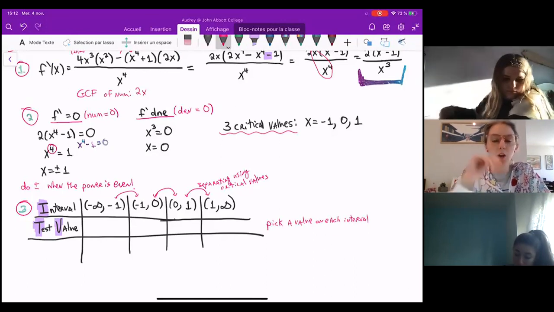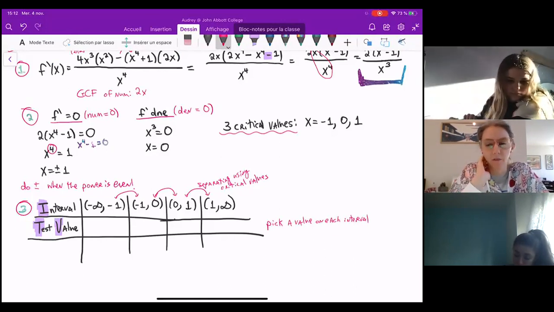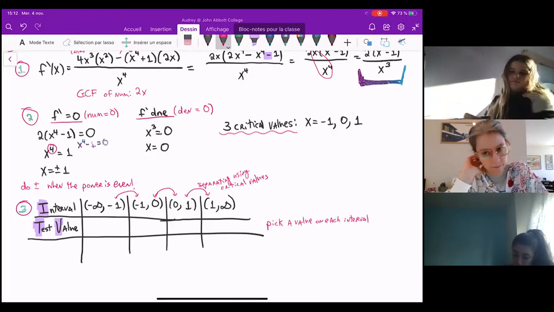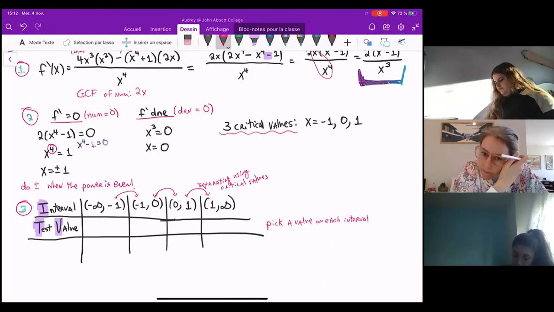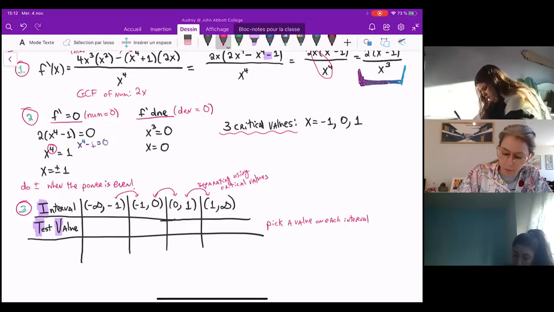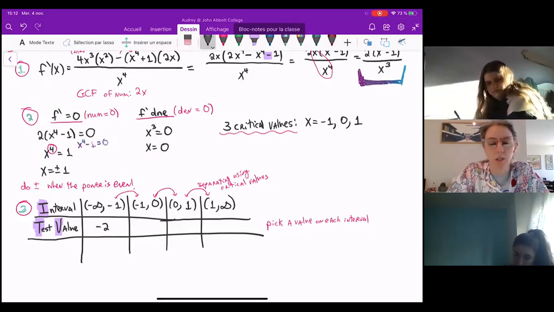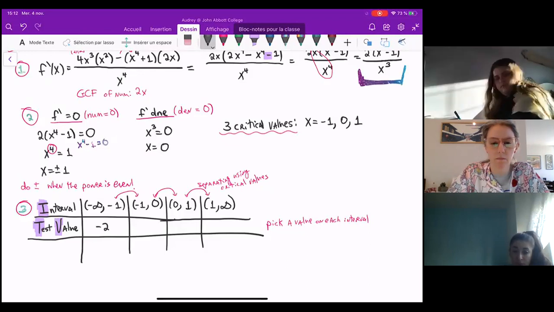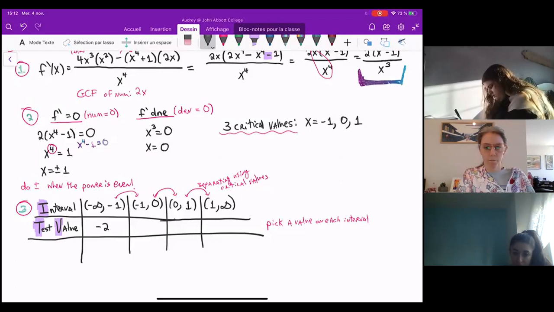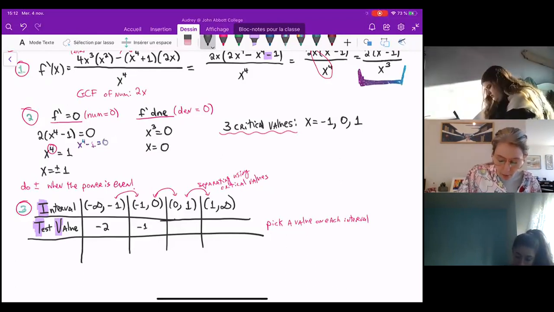So what is a good value between -infinity and -1? -2. So that's what's going to go in my table of values. Between -1 and 0, -3 also works, Dean. It's a good value between -1 and 0. You got it, Dean. -1/2 would be a good value.